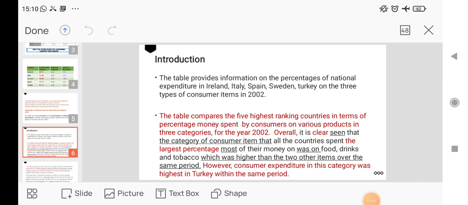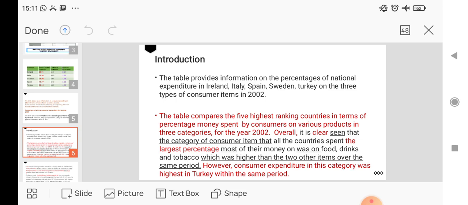So you can see the way that first sentence has been rewritten in red ink, and then I added a second sentence. My students just wrote, it is seen that the category of consumer item that all the countries spent most of their money on was on food, drinks, and tobacco, which was higher than the 2 other items over the same period.